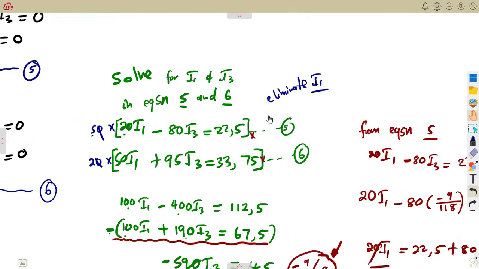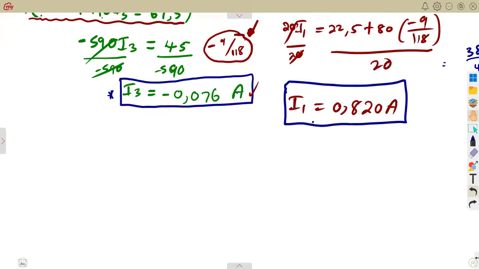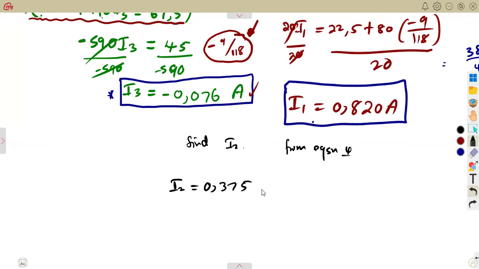So we can take advantage of equation 4, substitute in equation 4 to find I2. From equation 4, I2 is equal to 0.375 plus 0.5 I3. This is what you were given before.